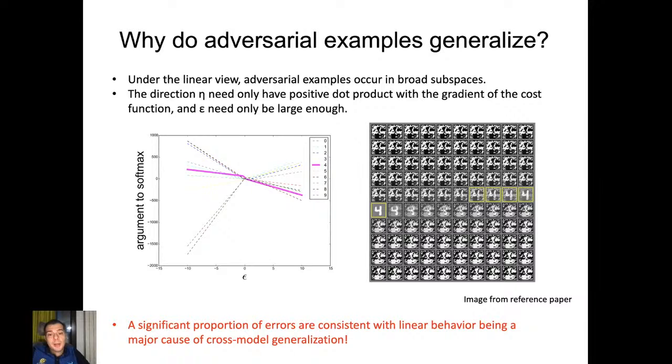Okay, and they also analyzed in the paper, so they have a section on explaining why adversarial examples generalize so well.